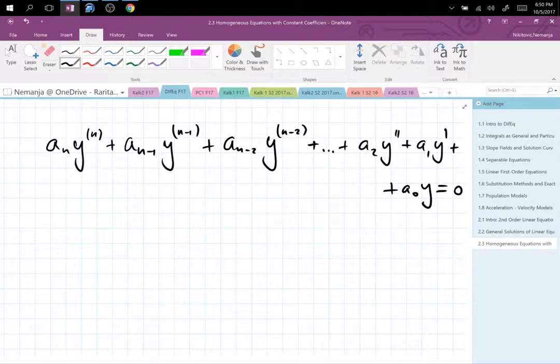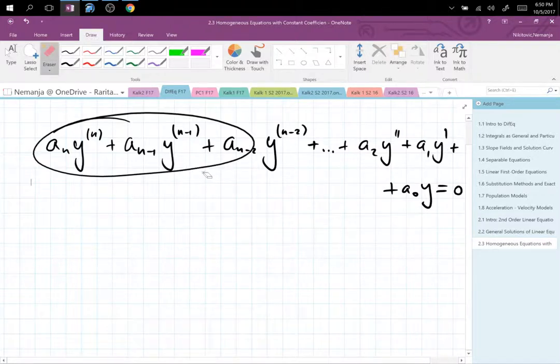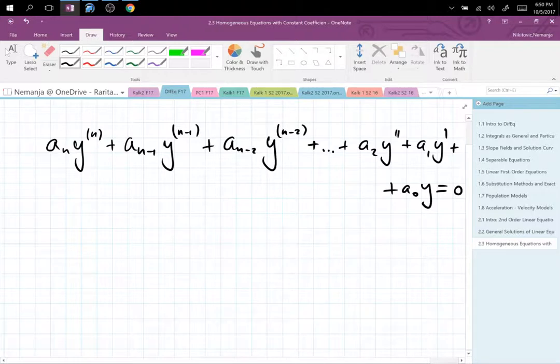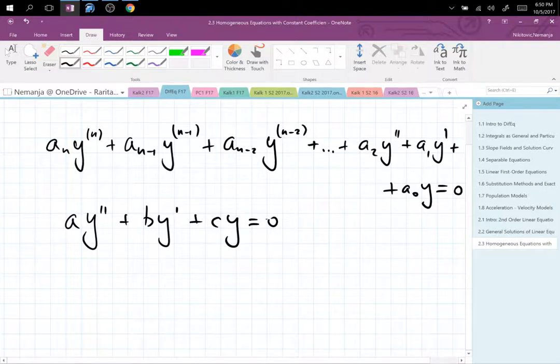So, just to explain this in simple terms, we can take a look at the second order differential equation with constant coefficients. You take ay double prime plus by prime plus cy equal to 0. And from there, you can derive the characteristic equation, which is ar squared plus br plus c equal to 0. This one over here is called the characteristic equation.